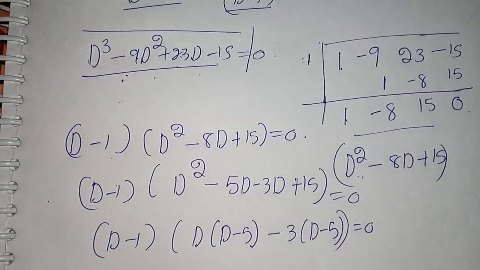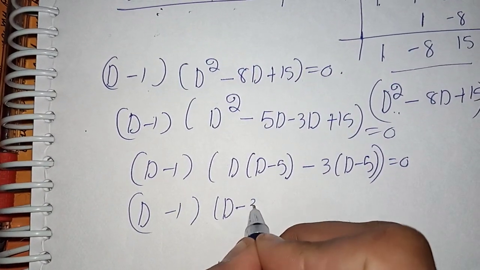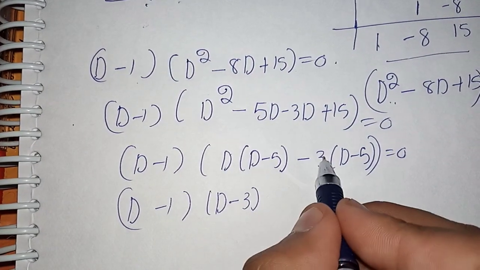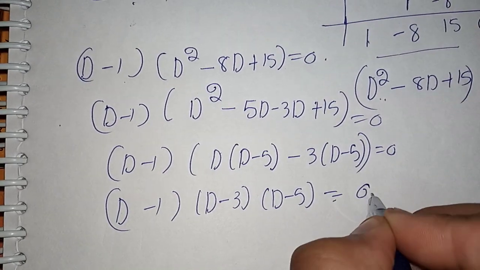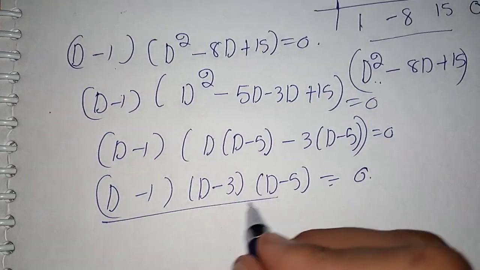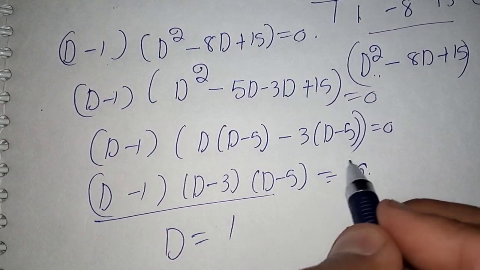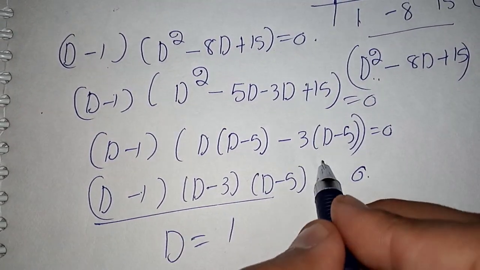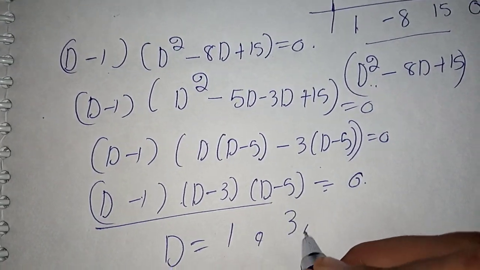So the factors that come out are d minus 1, d minus 3, and d minus 5. Taking each individually equal to 0, we find the roots d is equal to 1, 3, 5.